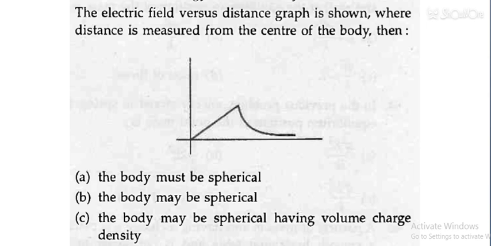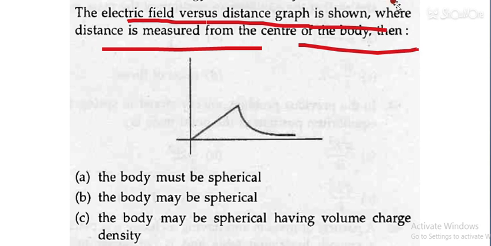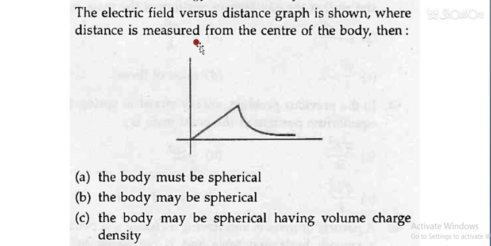So the next question is: electric field versus distance graph is shown below, where distance is measured from the center of the body. On this side electric field is given, and on this side distance is given. So how to determine what it is?